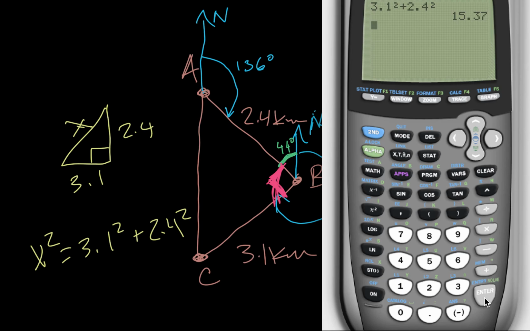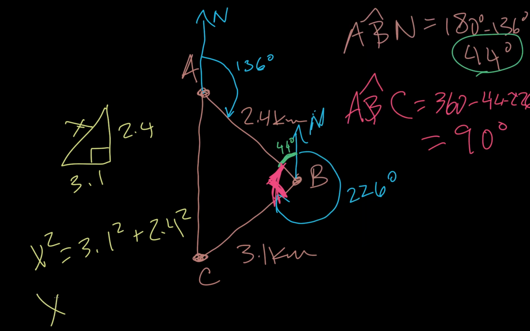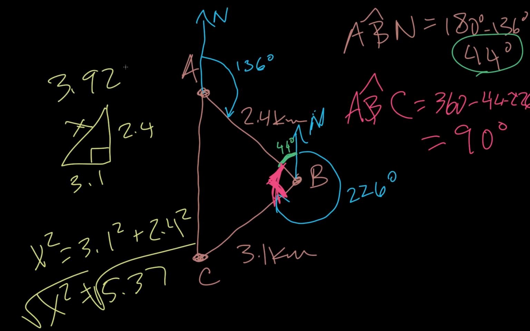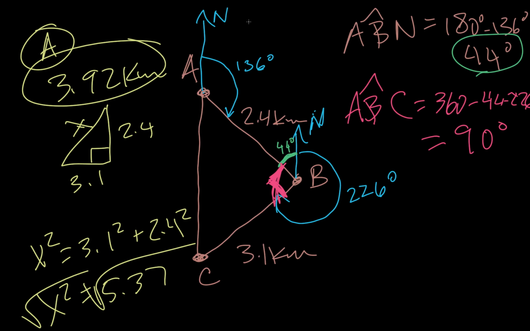Okay, we get 15.37. So we have x squared equals 15.37. We square root both sides. So square rooting, you can also raise to the 0.5 or the 1/2. And we ended up with 3.92, and that's kilometers. Okay, so that's the answer to part A, which was the distance from A to C. So I guess I'll just say AC.